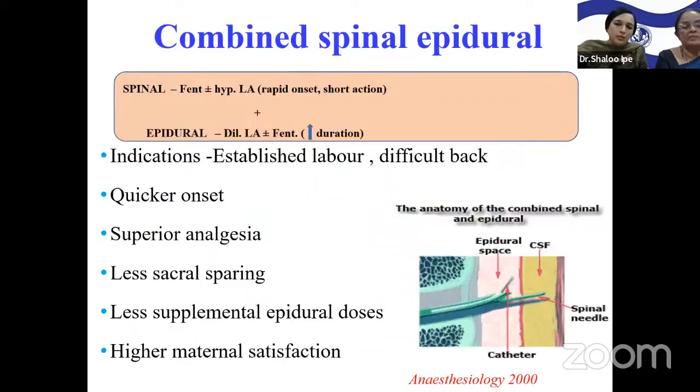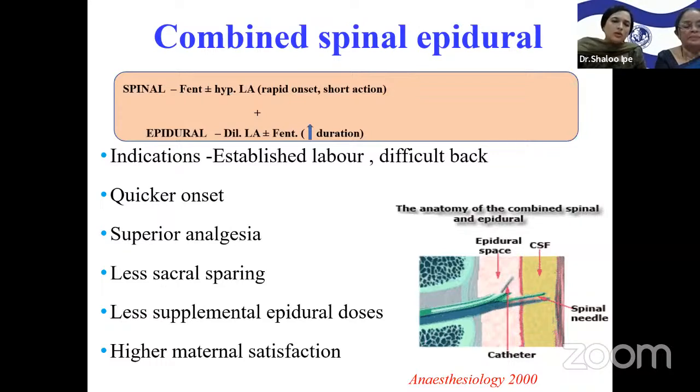Coming to combined spinal epidural, this is a technique which involves benefits from both spinal and epidural technique. This can either be given as a needle through needle technique or by putting two different needles in two interspaces. The spinal component again is by use of opioid alone or with low dose of hyperbaric bupivacaine, which causes rapid onset short duration analgesia, after which the epidural can be topped up like in a conventional epidural infusion.